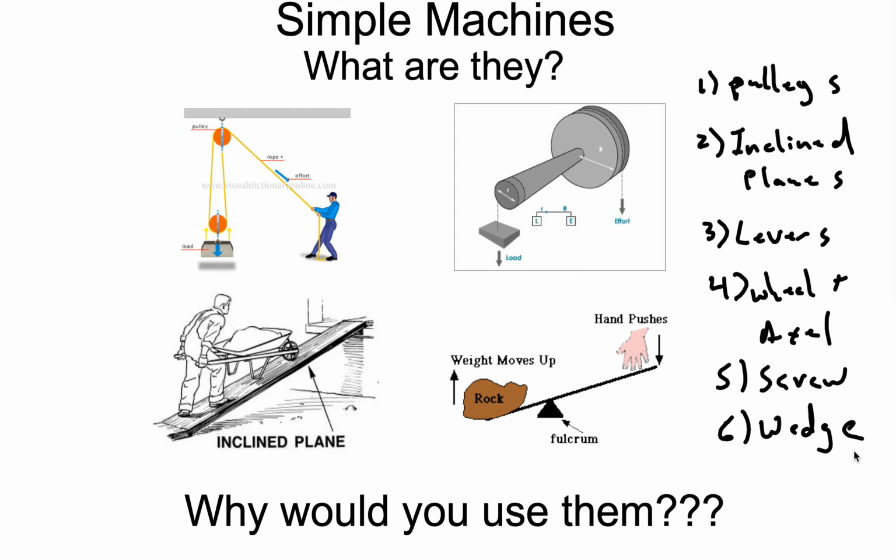Why would I use a simple machine? Like why would I use a ramp? I'll even give you an example. Whenever I get to take a group of students anywhere, which this year has been never, but usually we go to lots of places, when we're going into a building, if there's a ramp, a big chunk of people will walk all the way out of their way and walk up that ramp instead of walking up the stairs.